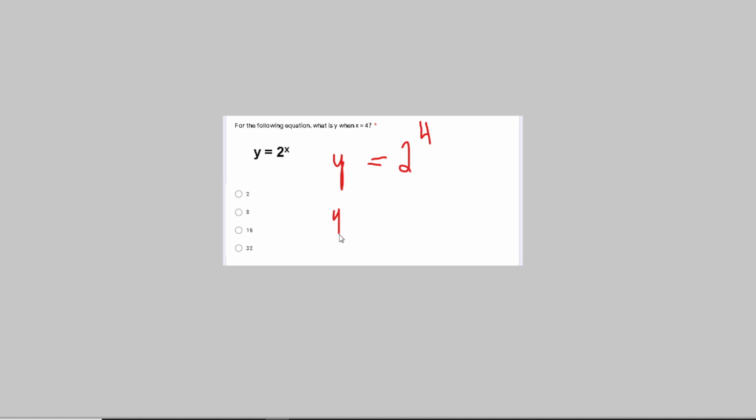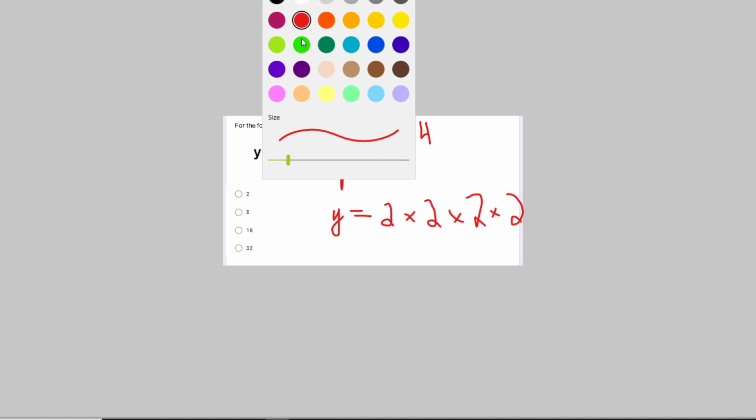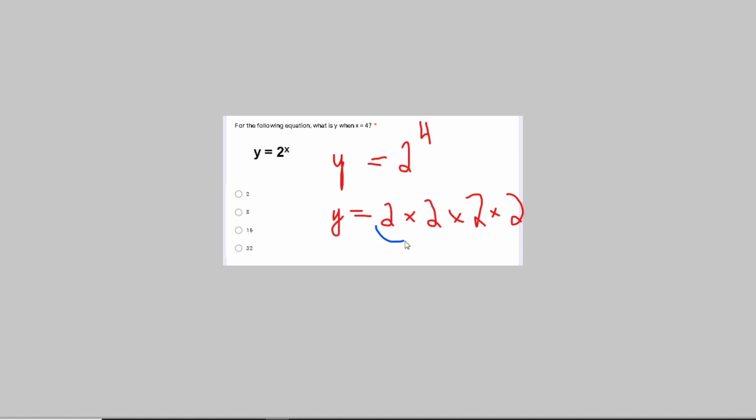Now remember, you want to be really careful with these. It's easy to make a mistake, as you have seen in the classroom. Right, we've worked with these all year. Exponents, right? So 2 times 2, 2 squared, would be 4.